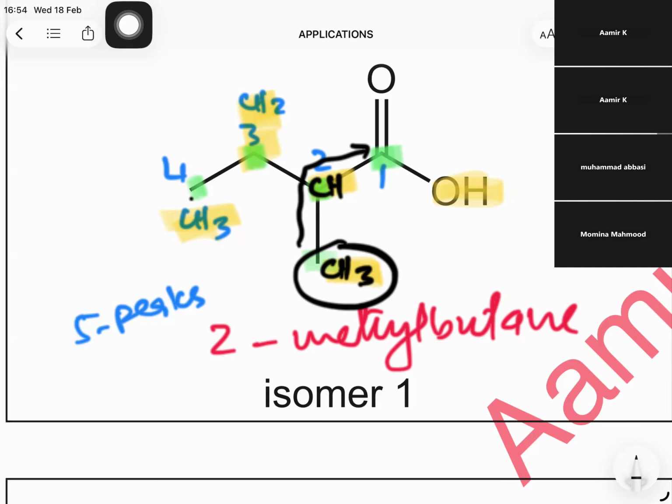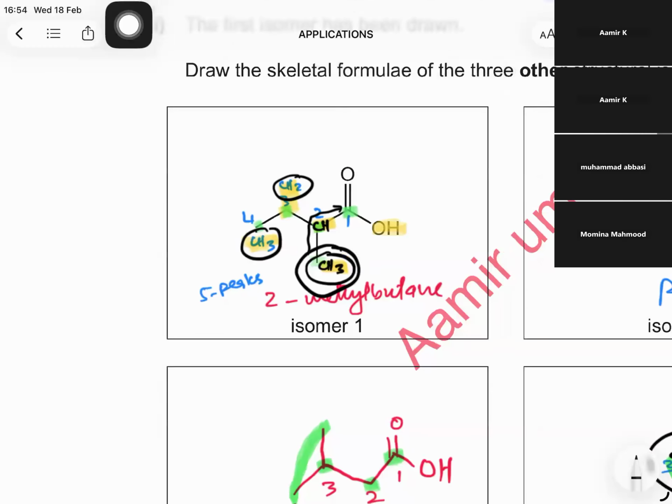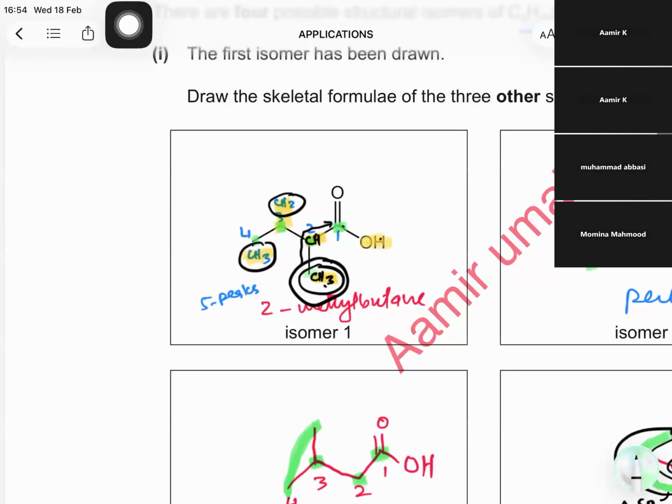Do you get it? You just don't look at the neighbors. And even if you look at the neighbors now, who is the neighbor of this CH3? And who is the neighbor of this CH3? CH, not CH2. How could they be the same environment? They are absolutely different. So how many peaks? 1, 2, 3, 4, 5. 5 peaks.